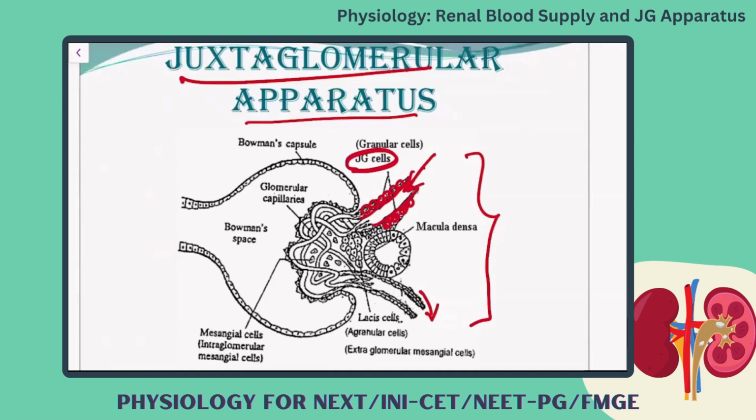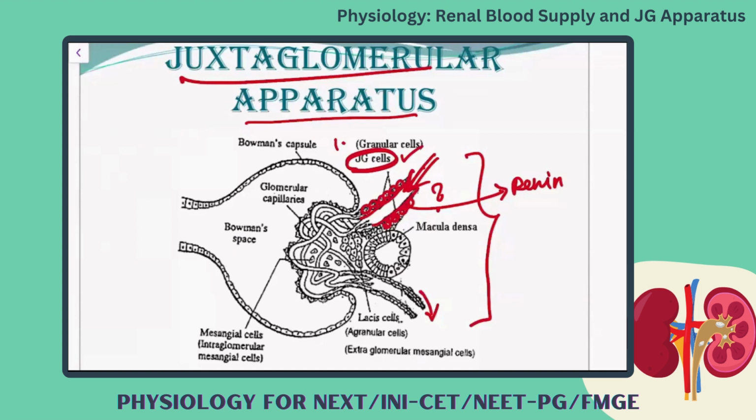If there is a decrease in the blood pressure from the afferent arteriole, then immediately it will sense that and start secreting the hormone called renin. The role of renin is to activate the RAS mechanism and it increases the blood pressure. Okay, so this is how the kidney is sensing the blood pressure and releasing renin whenever required, not always. Clear? So that is one feature in the juxtaglomerular apparatus.